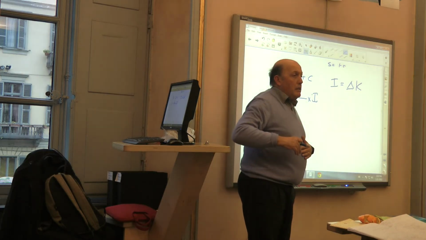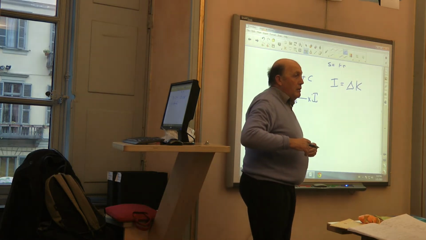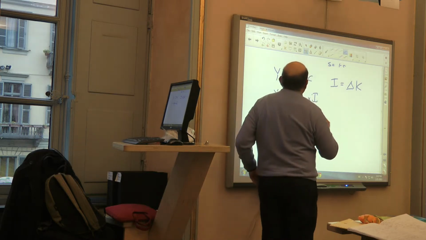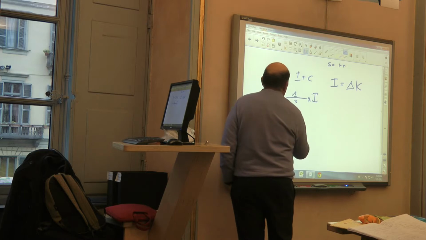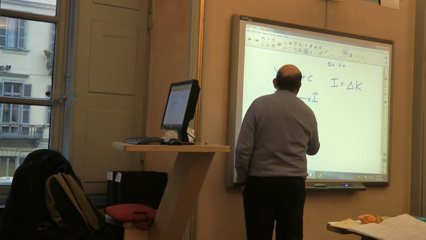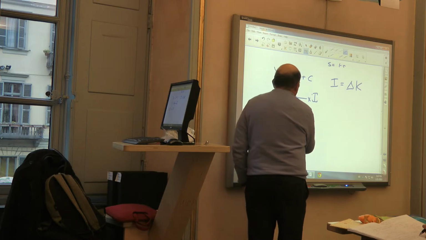Just remind us why S is equal to 1 minus C. S is savings, right? Yes, S is 1 minus C, where C is equal to C over Y, the propensity to consume.